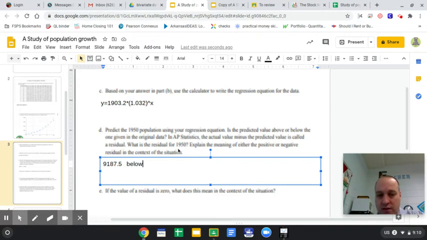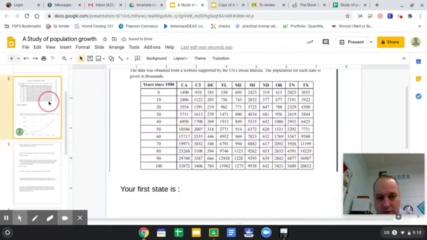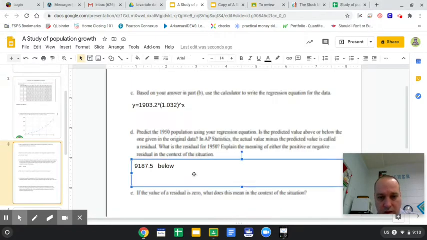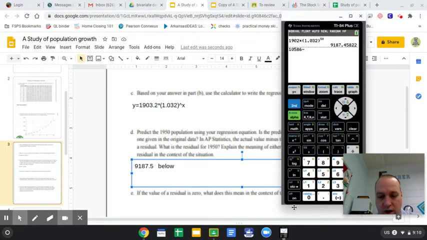And then in AP statistics, the actual minus the predicted is called the residual. What is the residual? So I would take 10,586 minus 9,187.5.